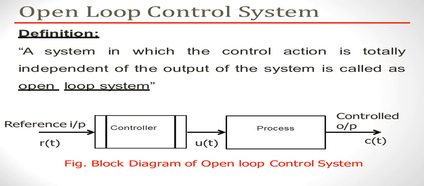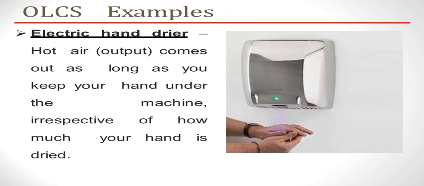Here the control action is independent of the output, so this type of control system is known as open loop control system. In other words, here the feedback is not provided, so it is called open loop control system.